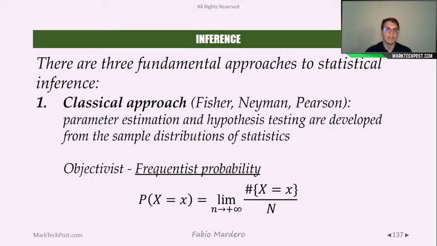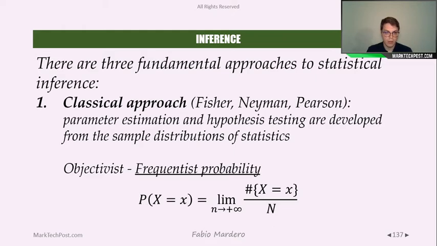For example, we have the classical approach, the most frequent approach that is studied, and the main mathematicians that described the classical approach were Fisher, Neyman, and Pearson. Pearson, the one that made the correlation coefficient. In the classical approach, parameter estimation and hypothesis testing are developed from the sample distributions of statistics.